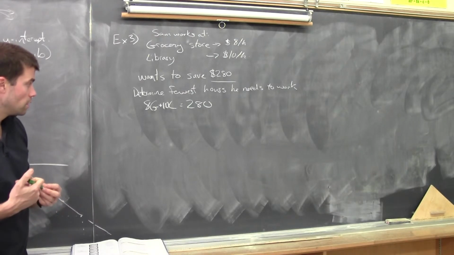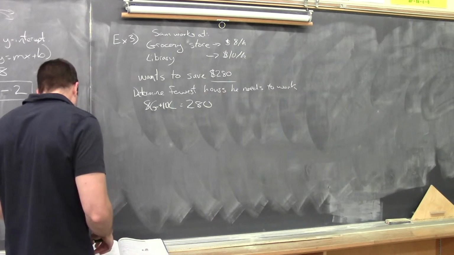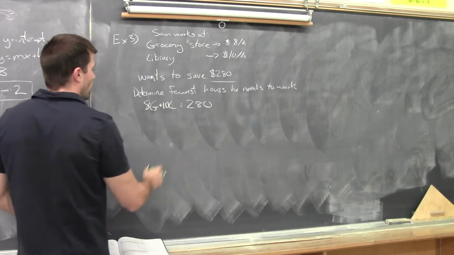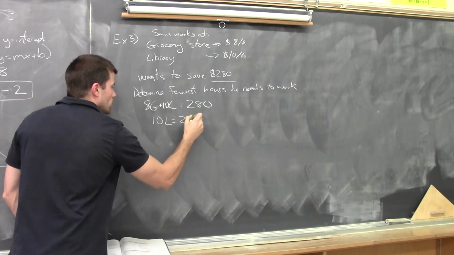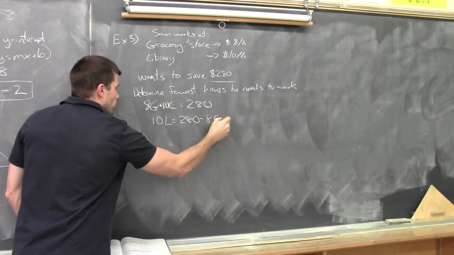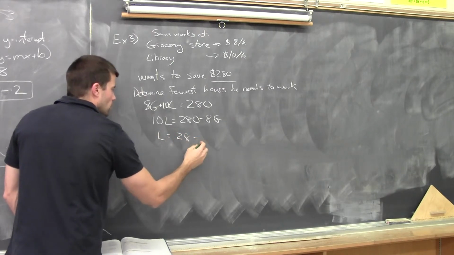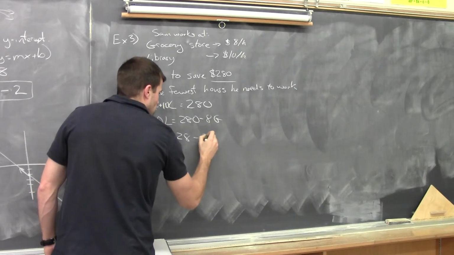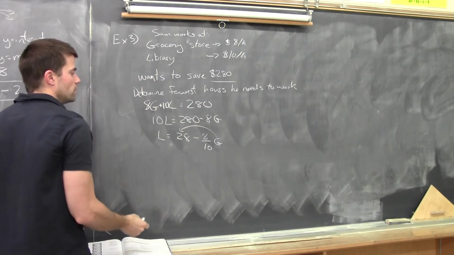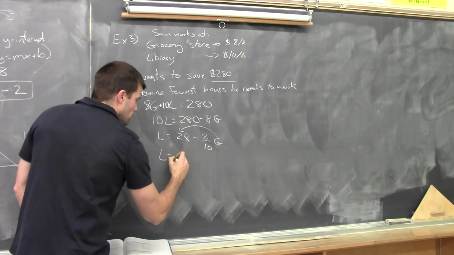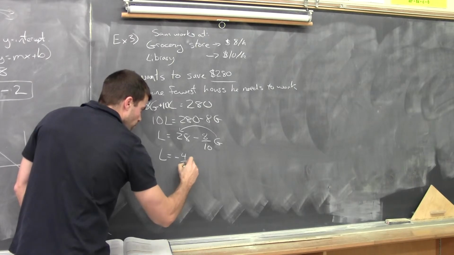280. All right, so we're going to rearrange this in terms of L. We'll leave 10L on this side. We have 280 minus 8G, and L is equal to 28 minus 8/10 G. I'm going to rearrange this, put this variable in front, and 8/10 becomes 4/5.